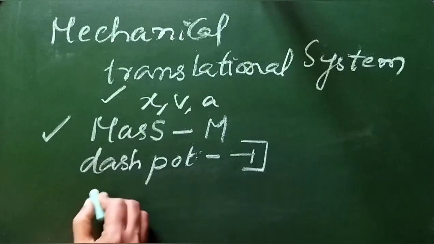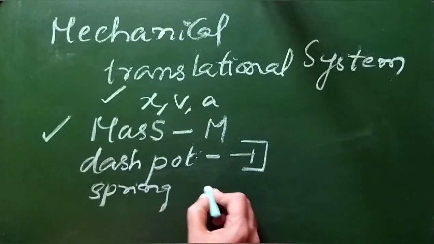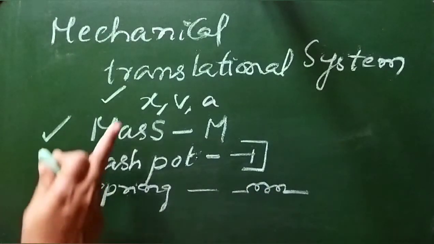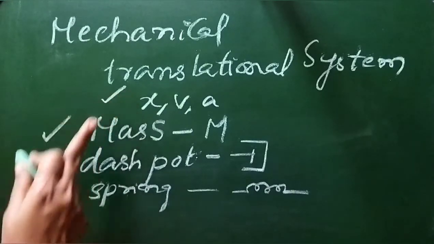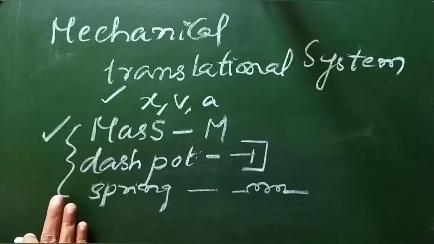Now, the next one is spring. Okay, so these are the variables of that particular system, and these are the characterizing elements which define that particular system.